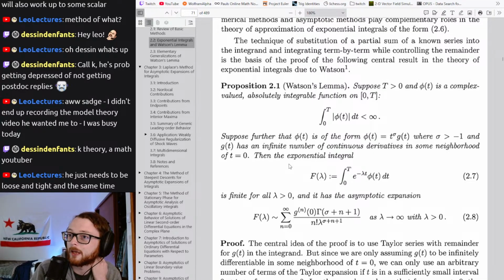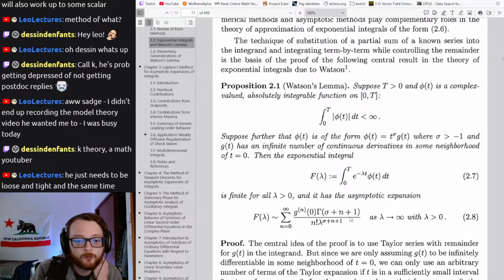I don't think it would decay fast enough, so it's good the interval is finite. And we're going to let sigma equals 0. Infinite number of continuous derivatives. I'm pretty sure it does. Are we finding just the leading order term? Yes.